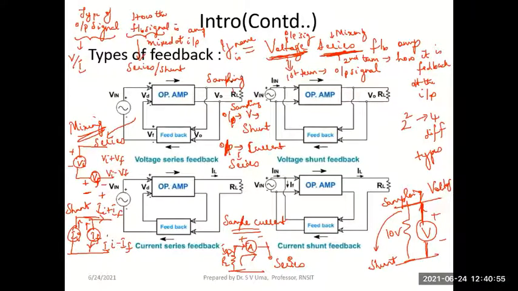So sampling is nothing but taking the existing output signal and connecting it as input to the feedback network. Please understand what sampling is. Sampling is to just extract the output signal and connect that same signal as input to the feedback network.